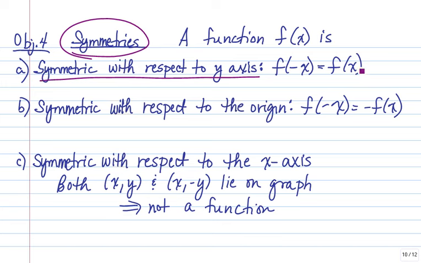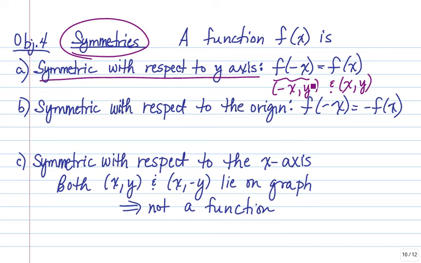Again, what are you thinking about with f of negative x and f of x? What do those mean? F of negative x means the y value at the opposite of x, right? And f of x means the y value for the value of x. In other words, this is saying that negative x and x have the same y value. This is saying the output value when x is its opposite is the same as the output value for the value of x.